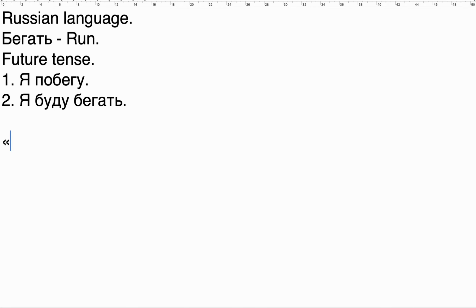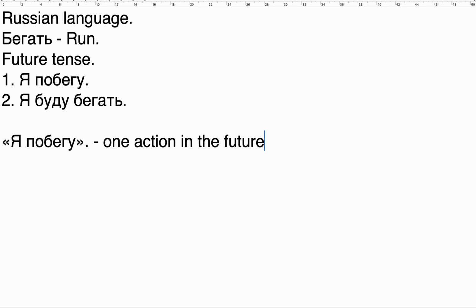For example, version number one, я побегу. When do we use this version of the verb in the future? Just remember, and please write it down after me. We use this version of the verb я побегу when we're talking about one action in the future.